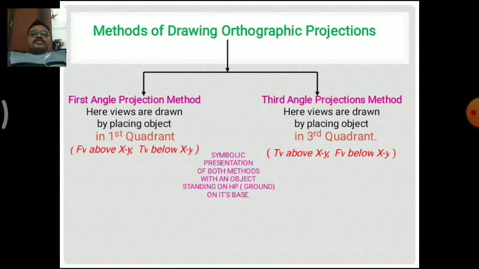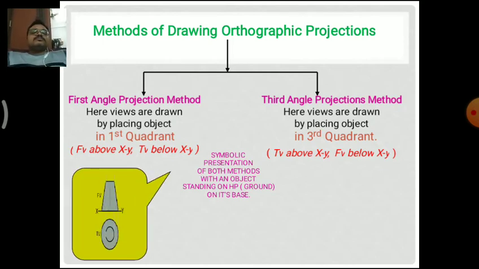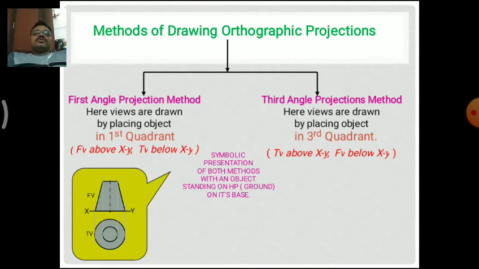And the symbolic presentation of both these methods is with an object standing on HP and on its base. HP means the ground, and on its base. So that is the picture of the first angle projection method, in which the front view is drawn above the reference line, that is the XY line, and the top view is drawn below the front view, that is below the reference line.